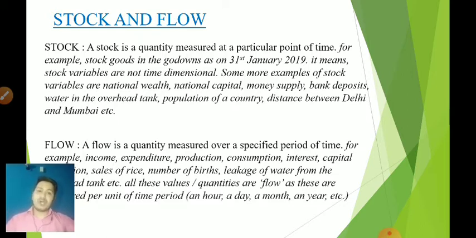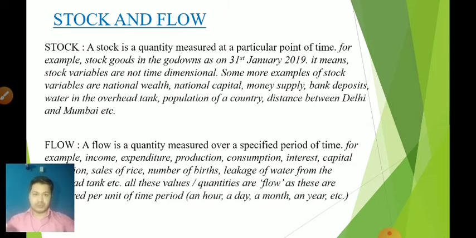It means stock variables do not have a time dimension. Some more examples of stock variables are national wealth, national capital, and money supply. All these are stock concepts because you can measure them at a particular point of time. Similarly, your bank deposit: if I ask what your bank deposit is as on today, I am asking at a particular point of time.